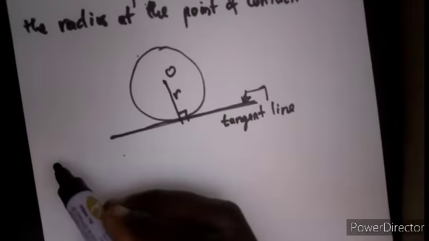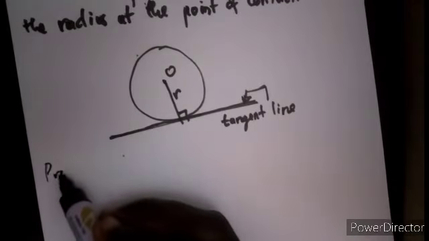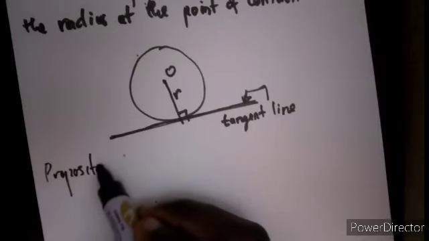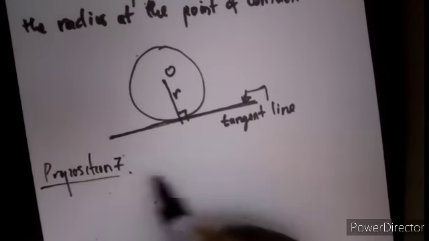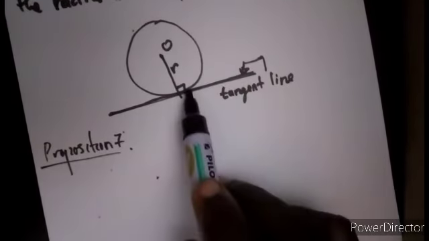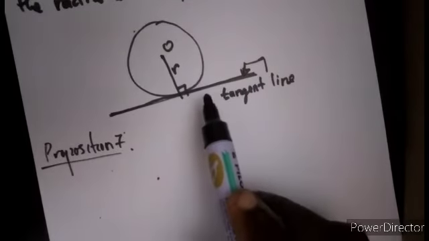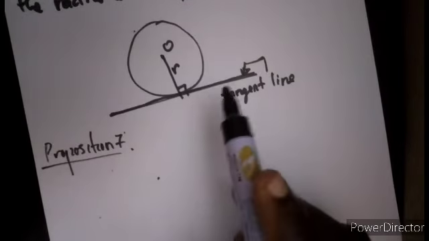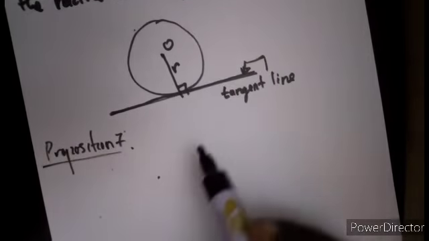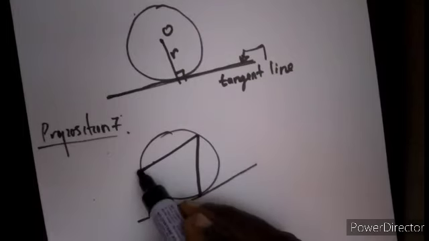So proposition 7. Proposition 7 uses a bit of this idea, but in a different way. Here we have a circle, and here's the tangent line. Then let's say we have an inscribed triangle.